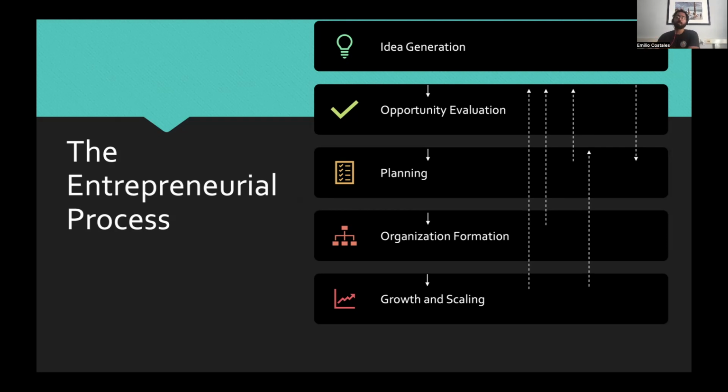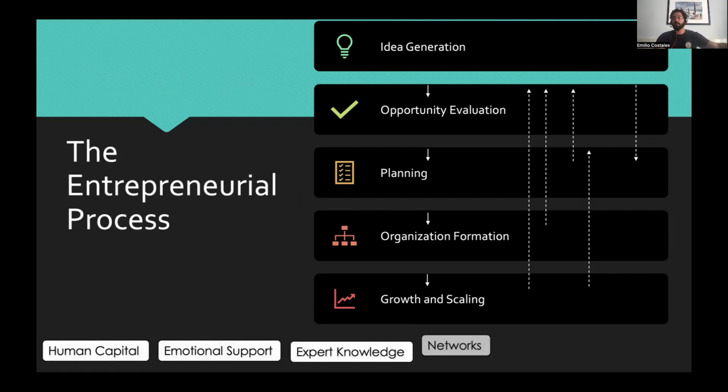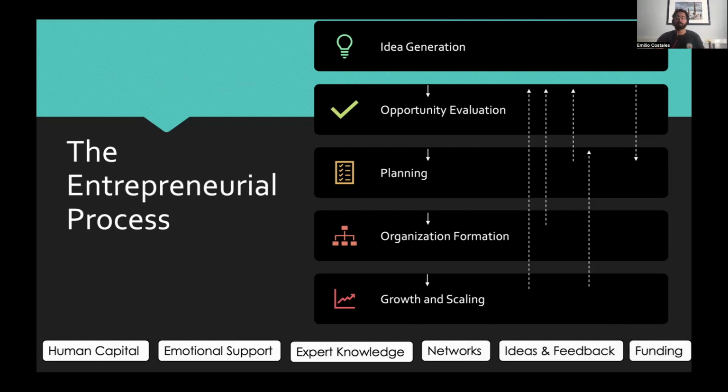Therefore, it can be an extremely windy road contingent on whoever that person is, right? So while we present it as this linear process, it is not that simple. In addition, there are all of these various elements within an entrepreneur's toolkit that influence how they operate.